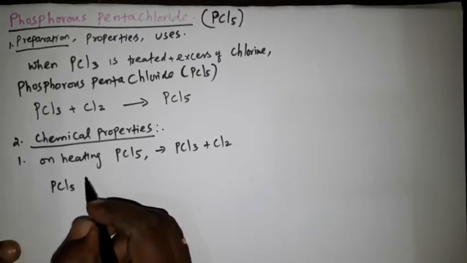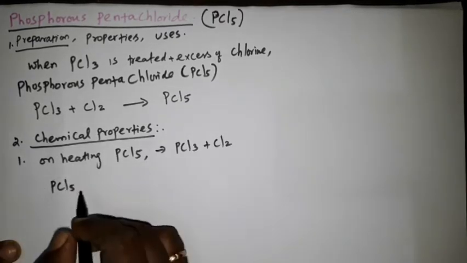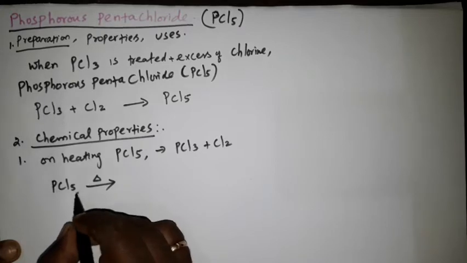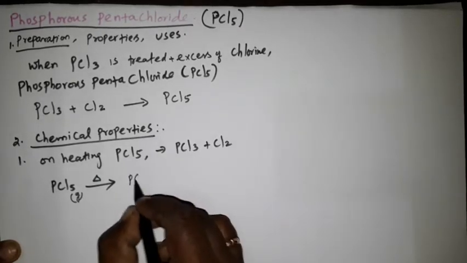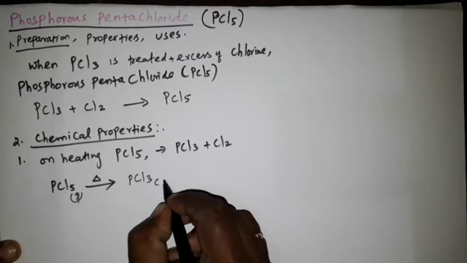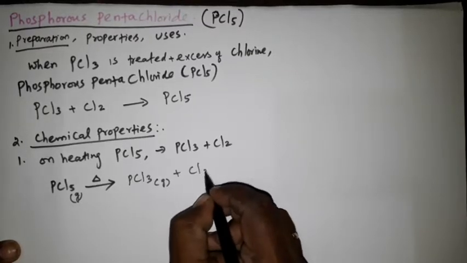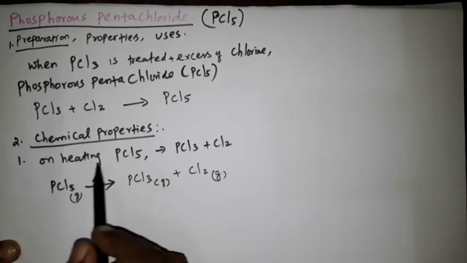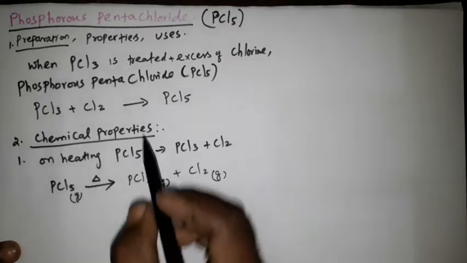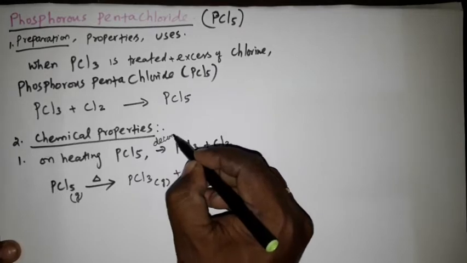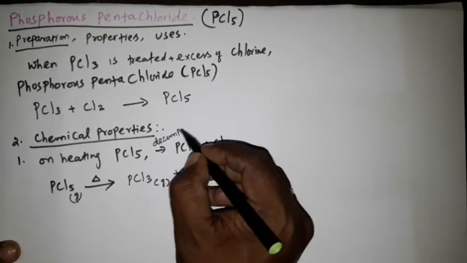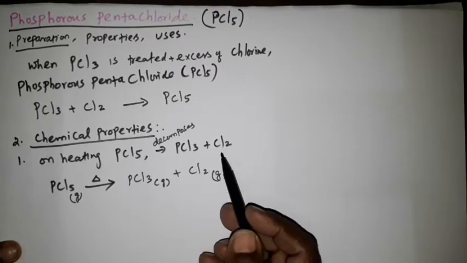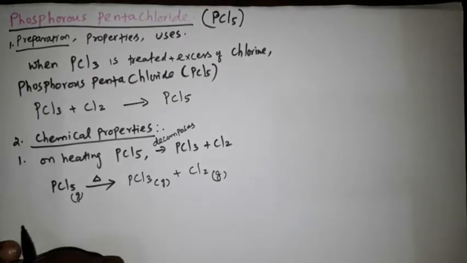Actually in the textbook it is given in the reverse. So on heating, in the gaseous state, we will get PCl3, this is a gas, also chlorine gas. So this is the decomposition. On heating, PCl5 breaks to PCl3 and chlorine. So this is the first chemical property of PCl5.